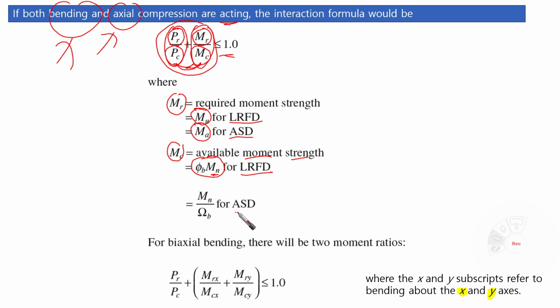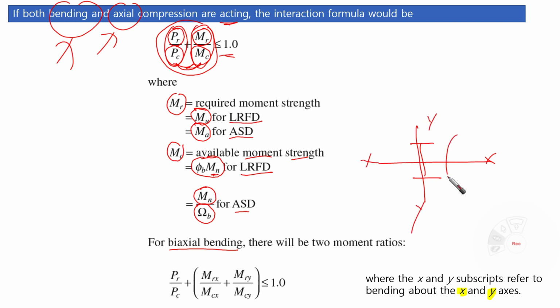And if we're talking about ASD, it is going to be the nominal moment over the safety factor that is associated with flexure. From here we can say that for biaxial bending, in the structure we commonly have two axes, X and Y, and if we have two different bending moments, around the X-axis and the Y-axis, this is biaxial bending.